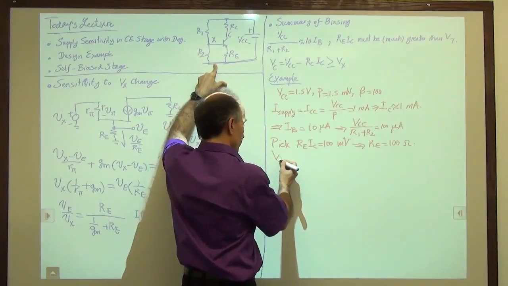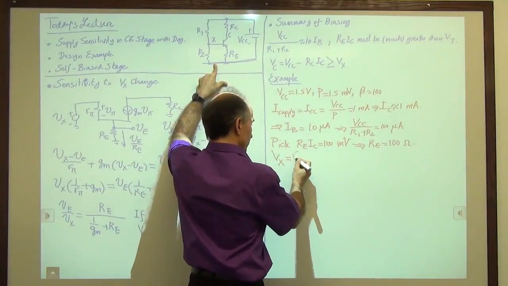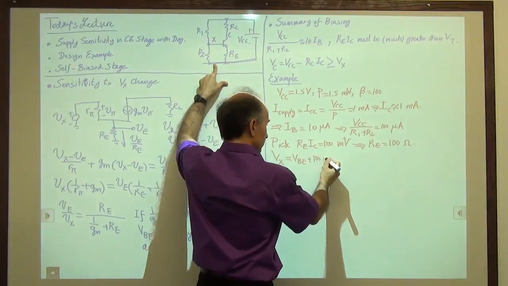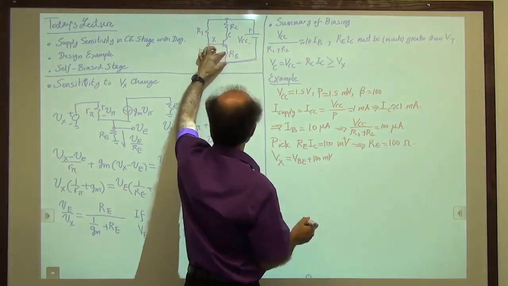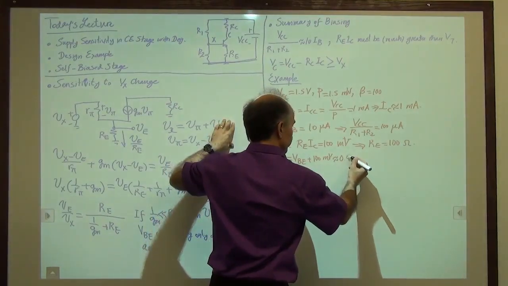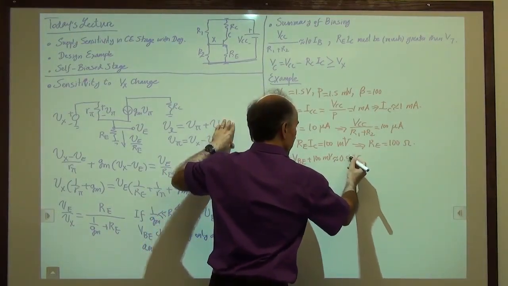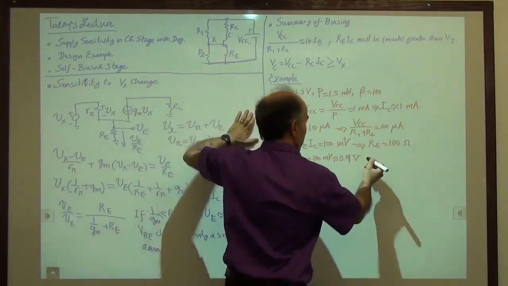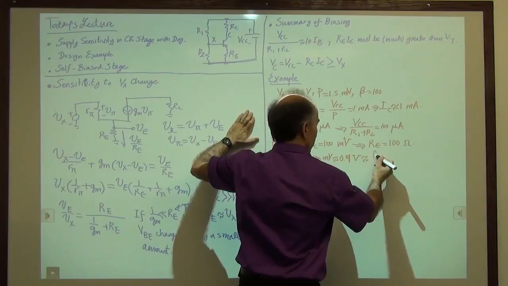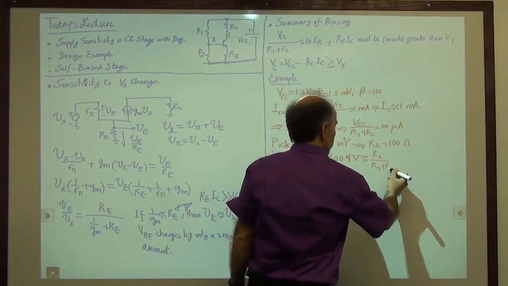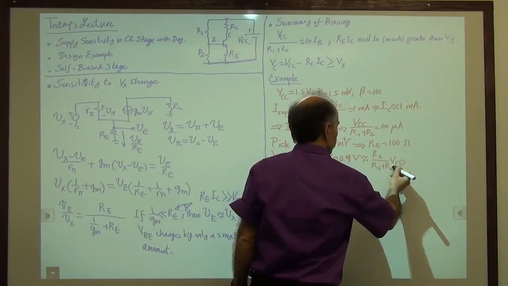So we say Vx is equal to VBE plus 100 millivolts. This voltage plus this voltage. So that's about 0.9 volts, right? And this voltage is produced by this divider. So that should be approximately equal to R2 over R1 plus R2 times VCC.